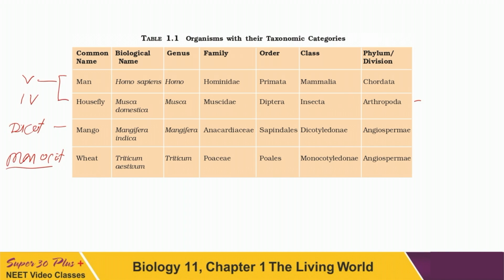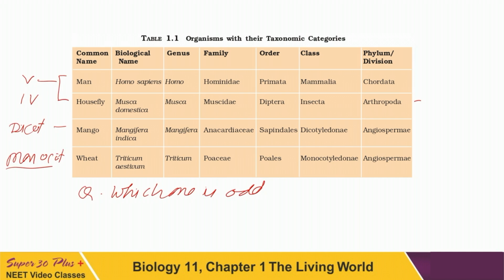Children, you see, from this table given in NCERT, questions have appeared many times in examinations. For example, I may give you one example here. Question: which one is odd? I have written here Primata, Diptera, Sapindales, and, for example, Poaceae.